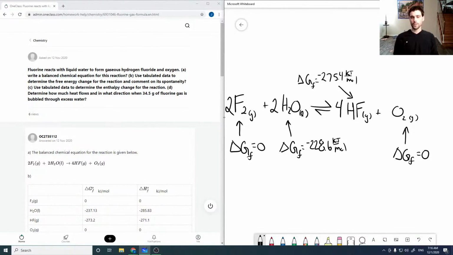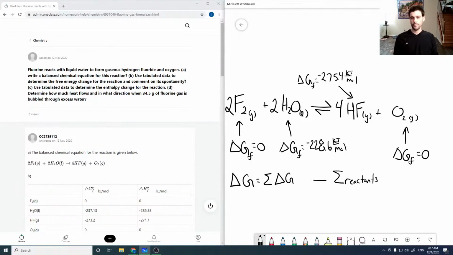So our free energy change for the reaction is the sum of our products minus the sum of our reactants. Let me put this in a way that's a little bit easier to know what I'm talking about.